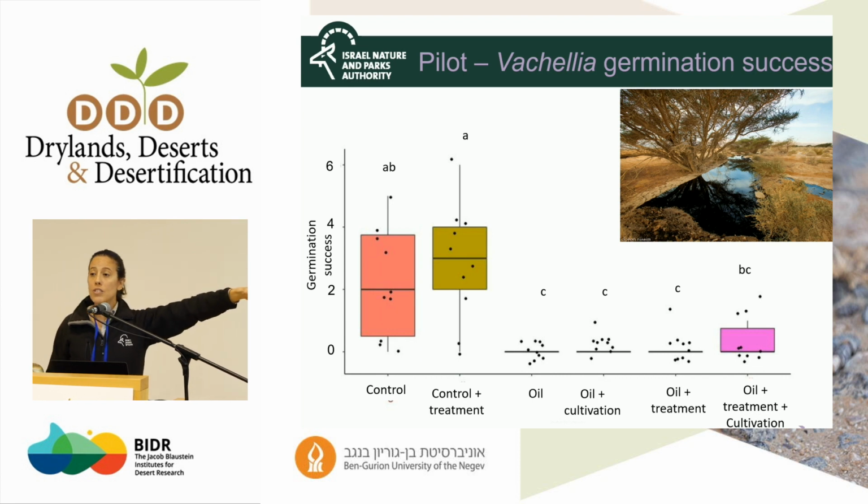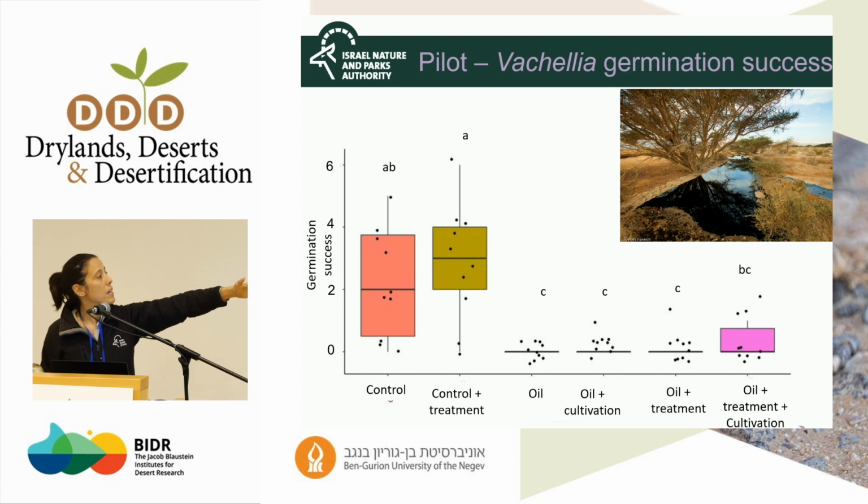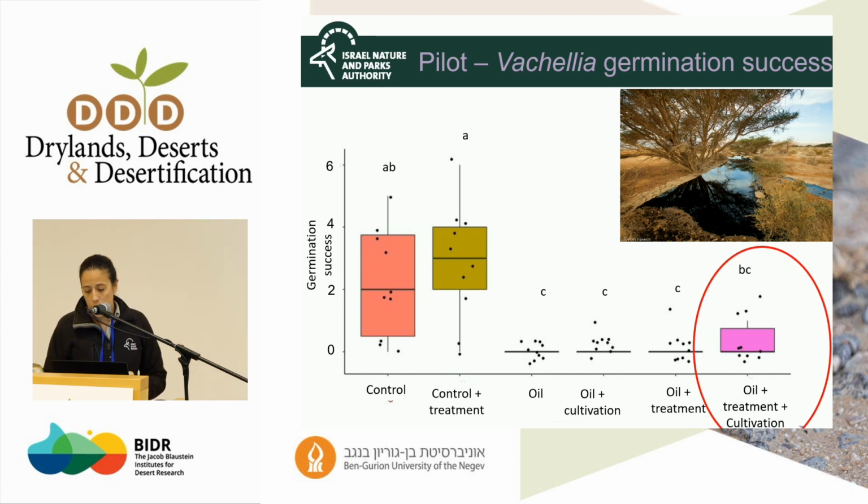So we have germination there. This is also an amazing result. Any other soil or oil that was either cultivated or just treated without the cultivation didn't have any germination, meaning we have to have the cultivation and the treatment as well.